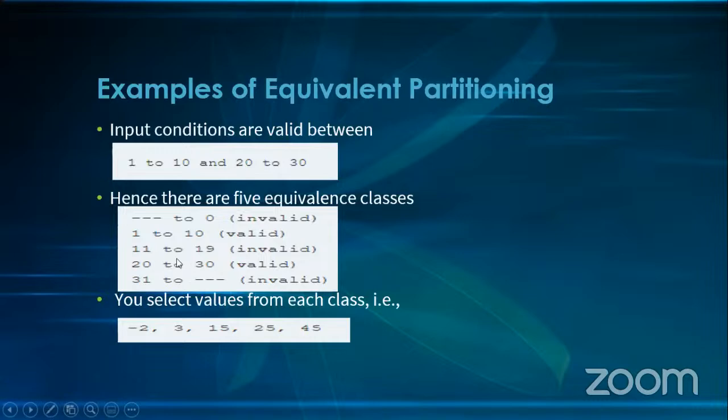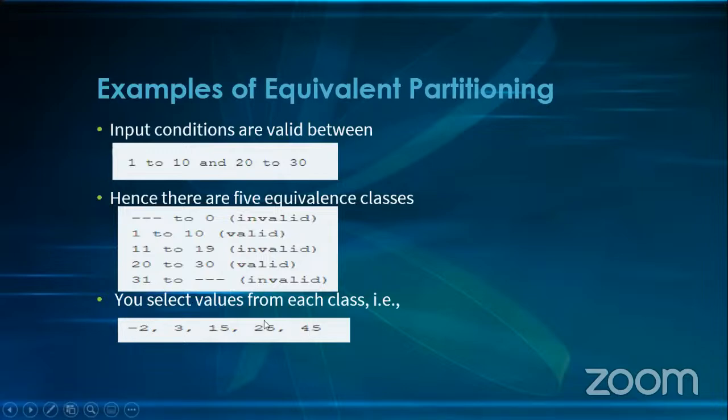Another invalid scenario is 11 to 19. I took 15 here. You can take 17, you can take 11. It depends on the number you want to test. I take another valid scenario, 20 to 30, and 25 was the one I chose here. And the last of it all was 30 and above; I just took 45.